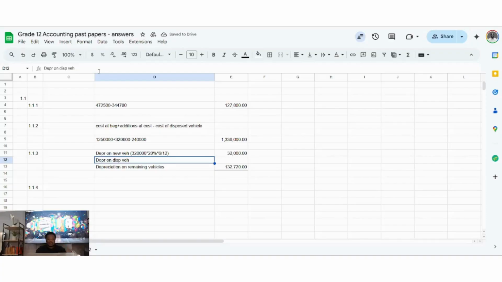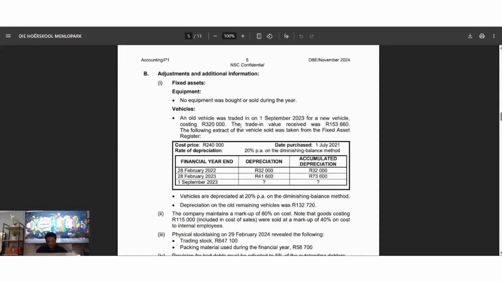And then after that, to work out the depreciation on the disposed vehicle. Now, the disposed vehicle is likely going to be different because it starts off with an accumulated depreciation. If you look at that, it would have had a cost price of 240,000, but at the start of the year, it had an accumulated depreciation that is given here, which is 73,600. And then it was in the business until 1 September. Well, if there's 6 months after that, then there would have been 6 months before.